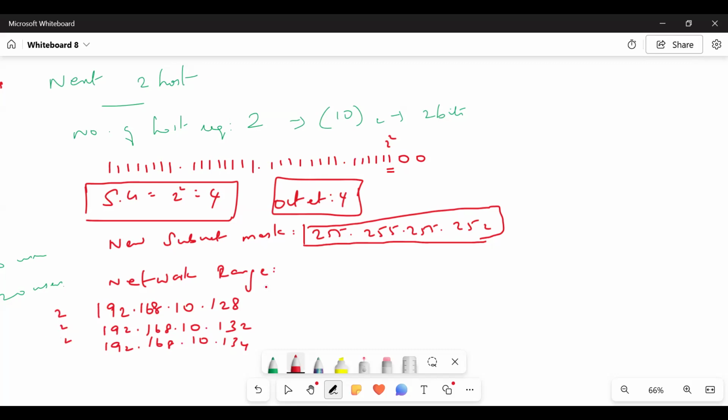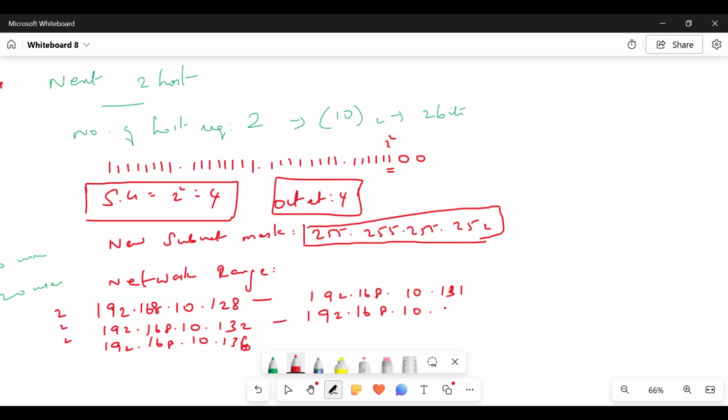2 crossover links. So the previous address is 192.168.10.131, and here 192.168.10.130. Sorry, the subnet generator is 4, right? Here we need 136, sorry, 136.